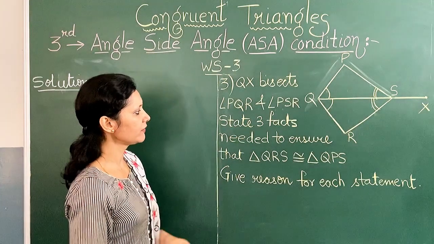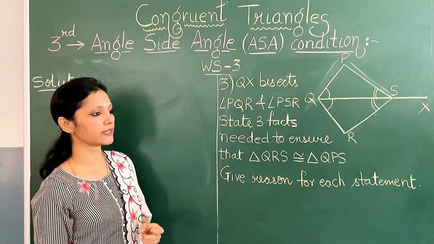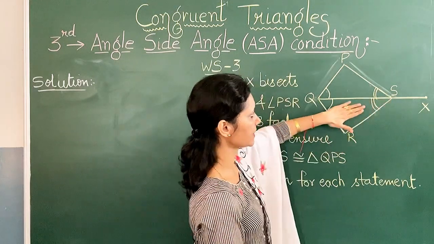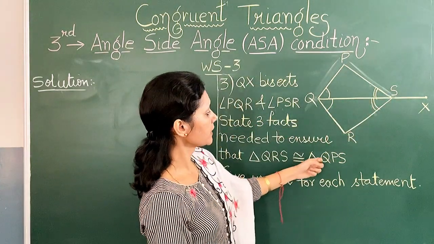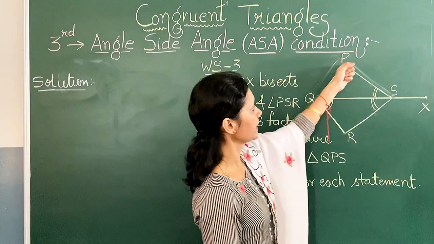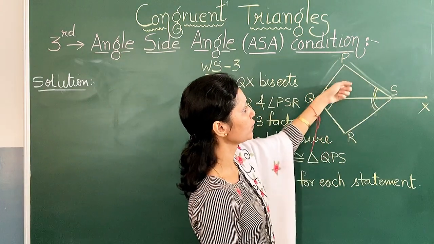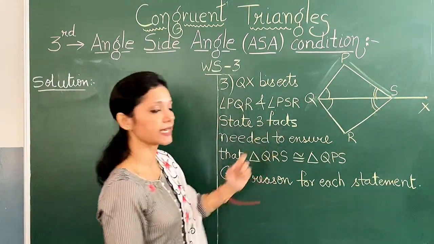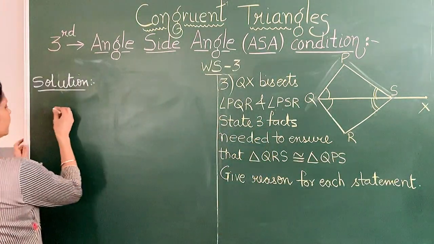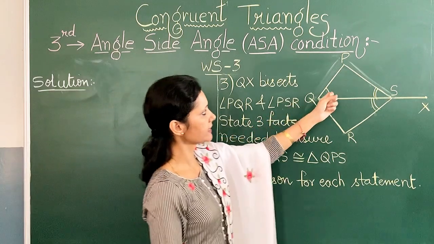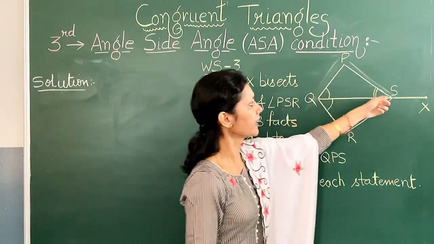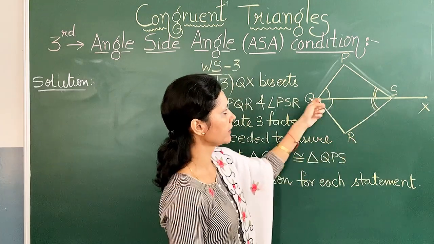Now state the 3 facts needed to ensure that triangle QRS, that means this triangle, is congruent to triangle QPS, that means this triangle. So we have to prove whether these 2 triangles are congruent or not, and we have to state the 3 facts. So the first is, as you can see, this angle is equal to this angle. So we would say angle PQS is equal to angle RQS.